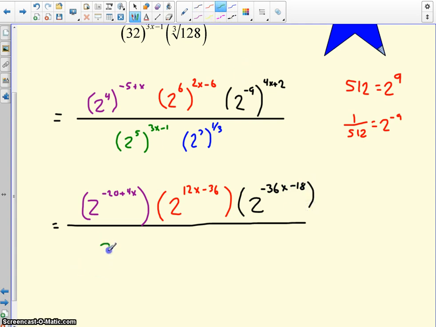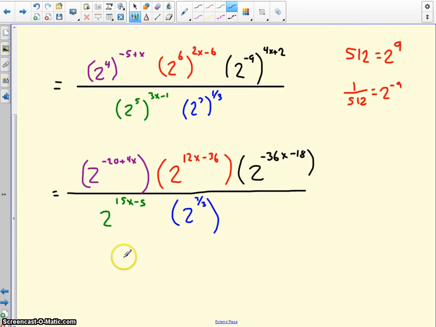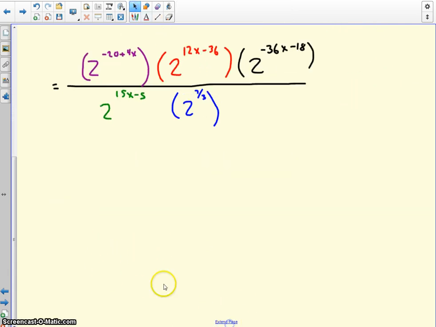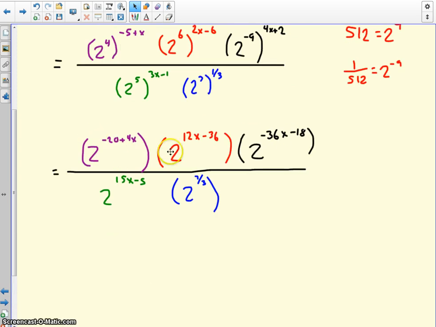Down here I have 2 to the 15x minus 5. And then I have 2 to the 7 over 3. So I've simplified it a little bit, still have a long ways to go here. I'm multiplying all these powers together, so I need to add the exponents together.